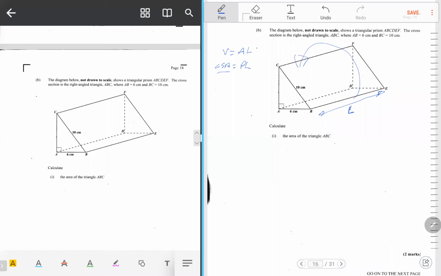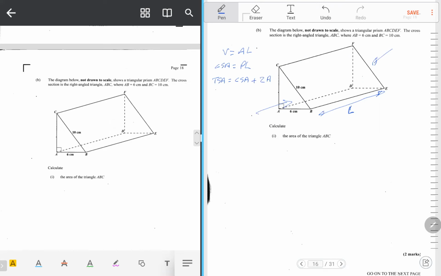That formula is the perimeter of the end. The perimeter of the end will be this plus this plus this, times the length. And then we have what we call total surface area, which would be the curved surface area plus 2 times the end area, since it has two ends in this case.